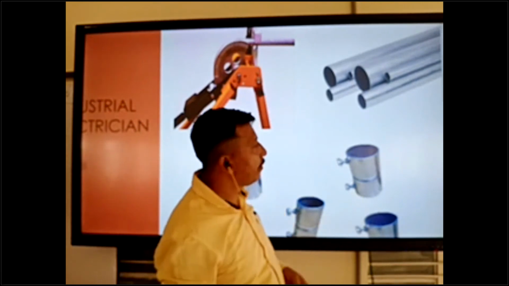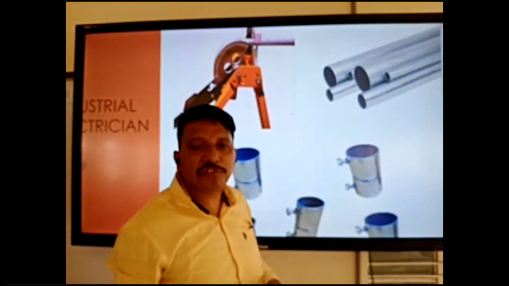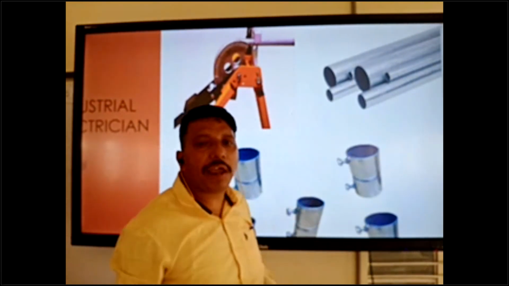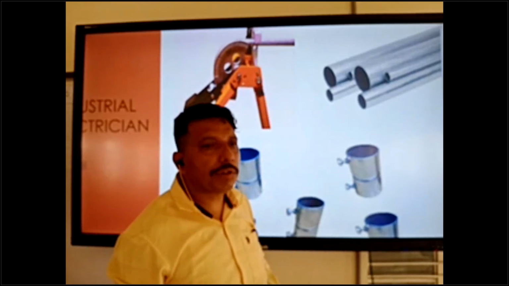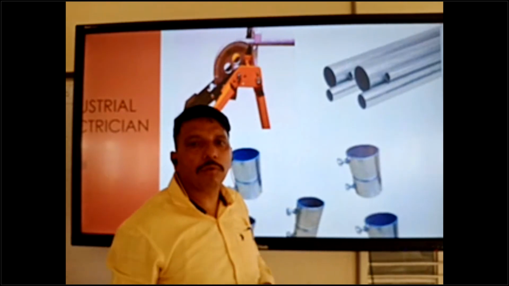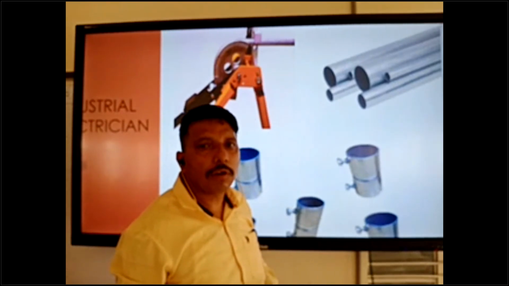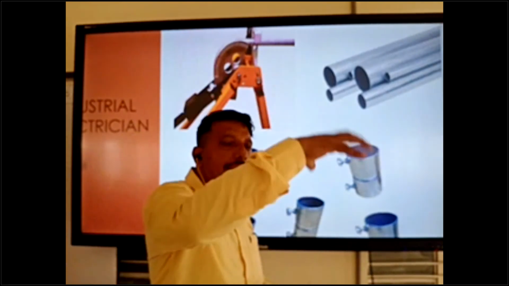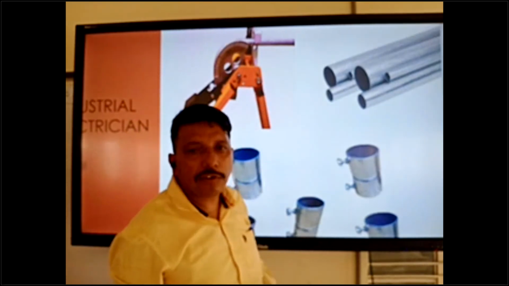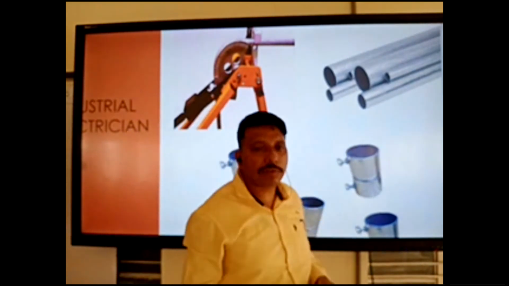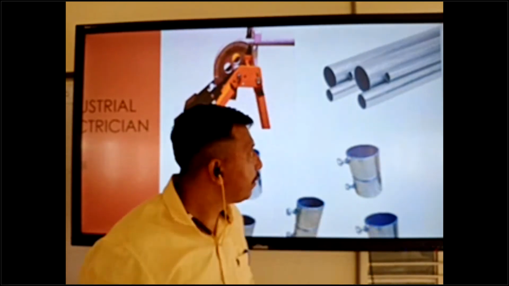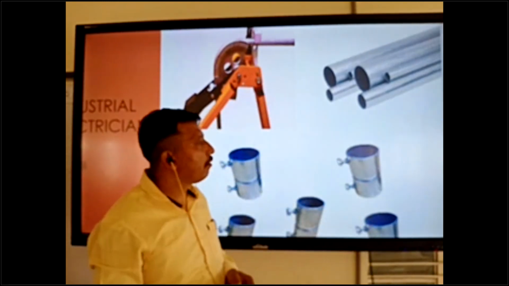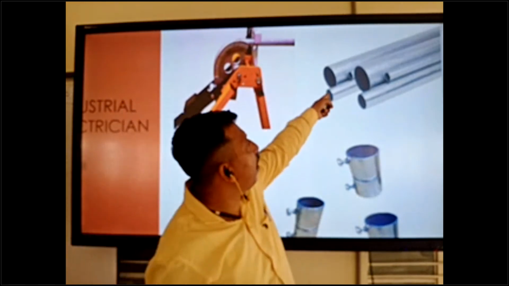This is the difference. EMT is made of standard steel. No rust comes on it. We can use it in open areas also. If water or anything comes from outside, there is no issue with this one because rust does not form.